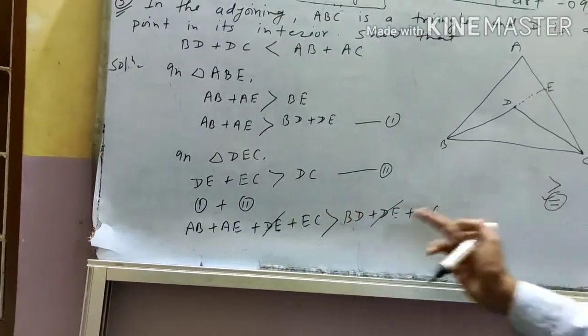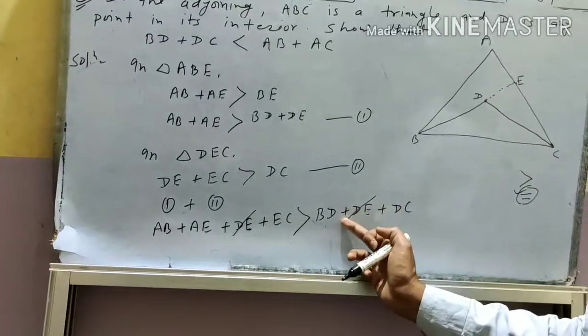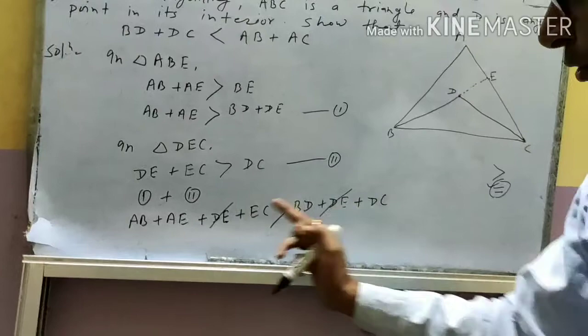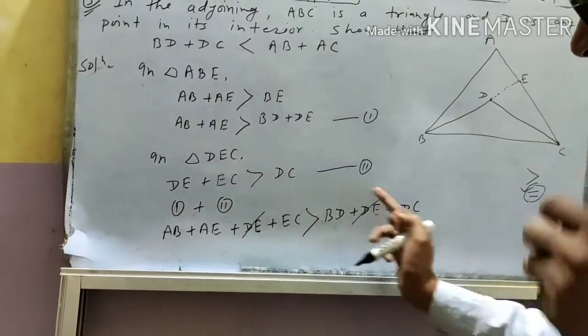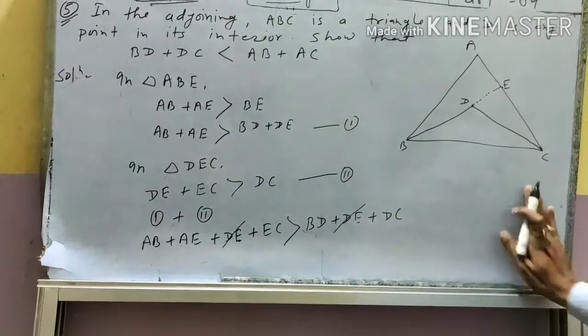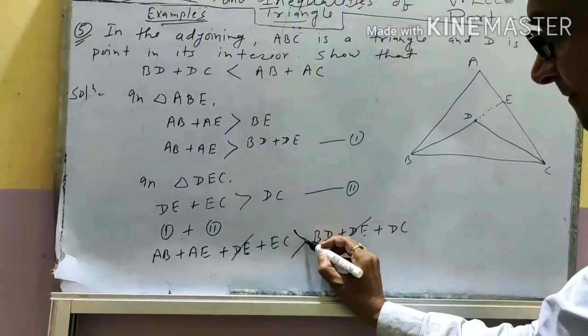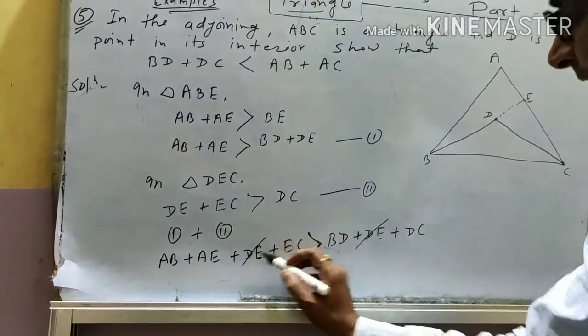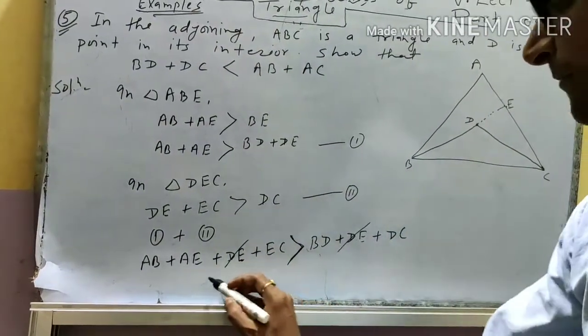Suppose this value is positive, if this value moves here, then this value is negative. So positive and negative is cut down. Okay, so here greater than is treated as an equation, means equal to. So this value is cancelled with this value.